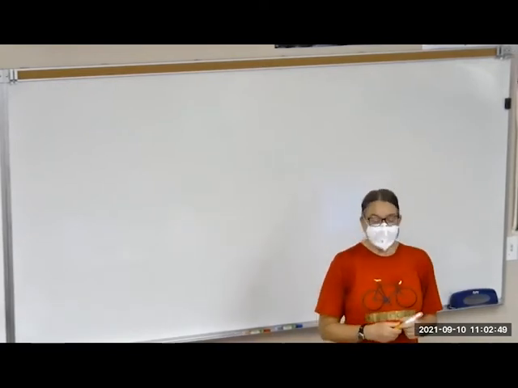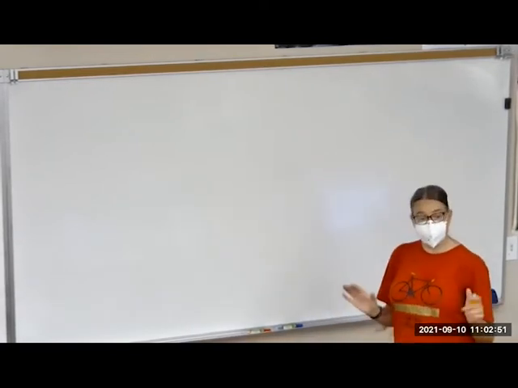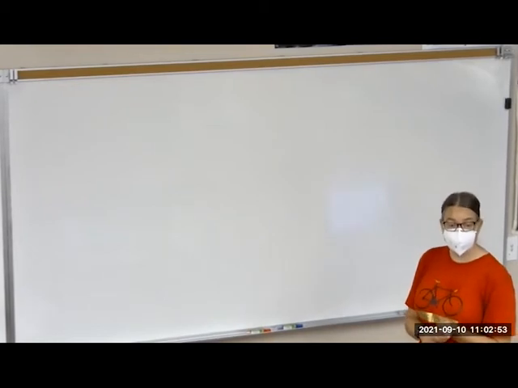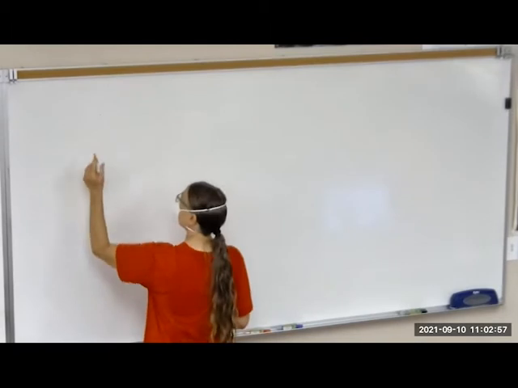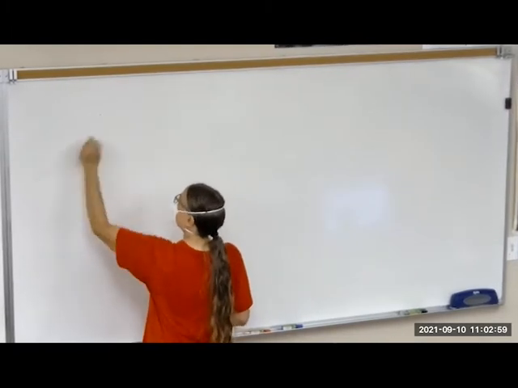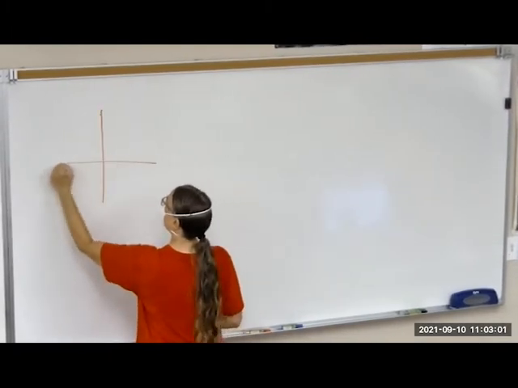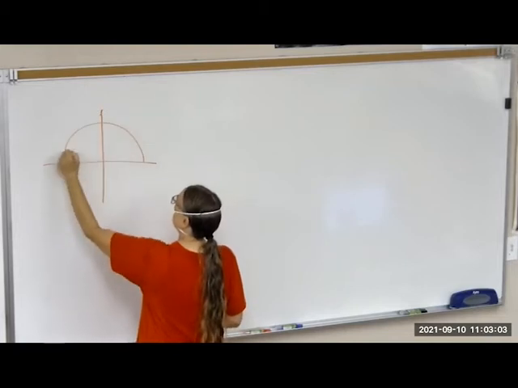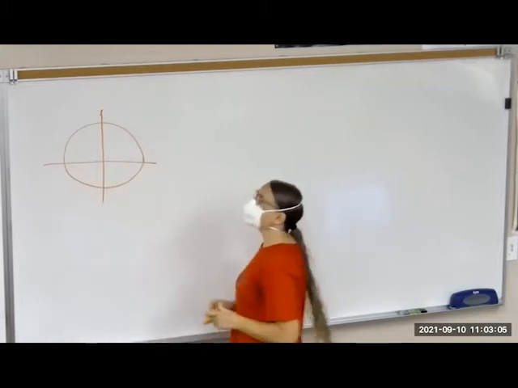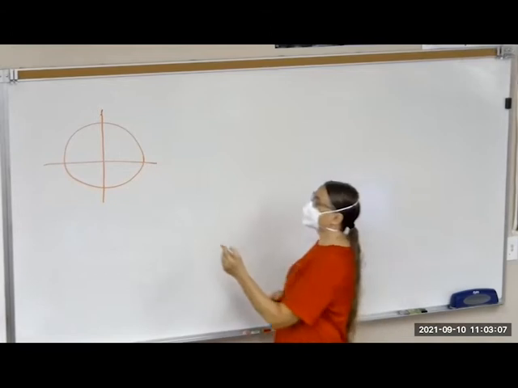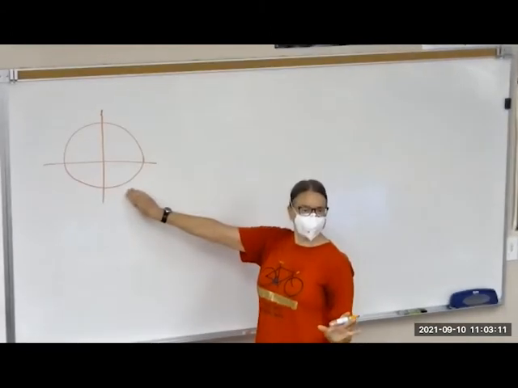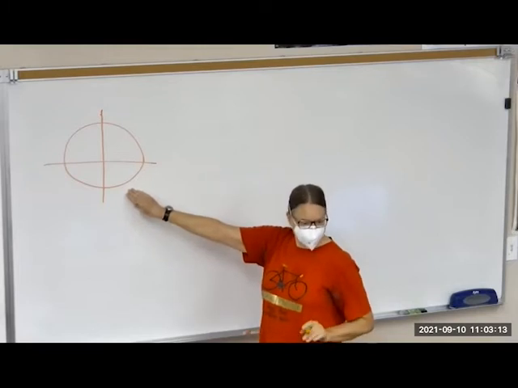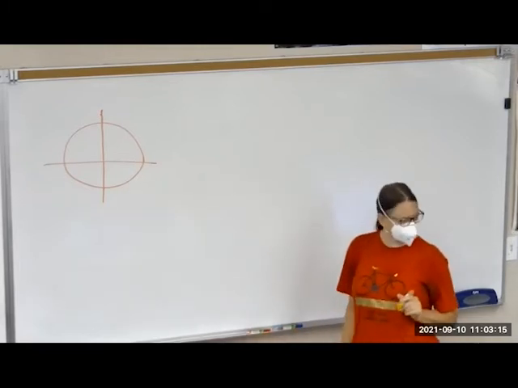So I'm going to start by just reminding you of the unit circle definitions of our trig functions. Here's the unit circle, and we're going to pretend that that's perfectly round, it's centered at the origin, because we know it's supposed to be, even though my picture isn't particularly good.